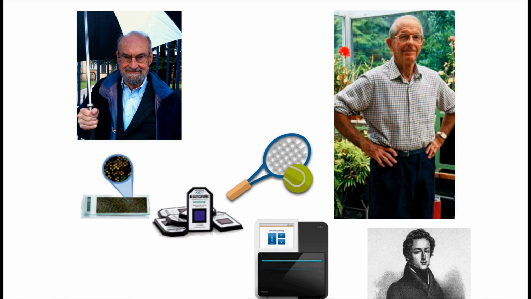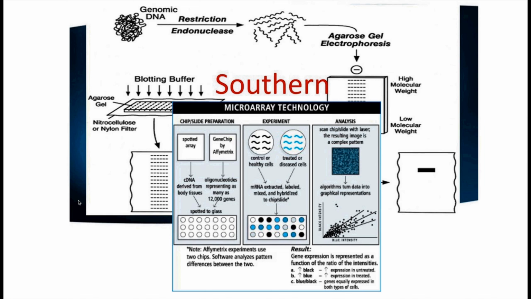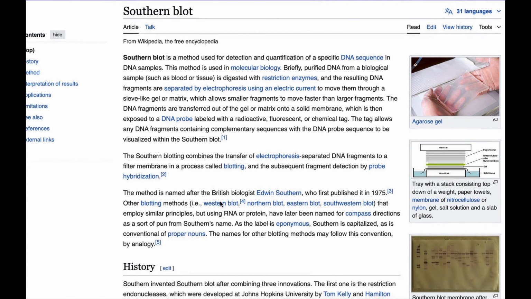Whenever I ask students who are those chaps, they usually say, I don't know. The guy on the left is Fred Southern, and on the right is Frederick Sanger. Southern invented Southern hybridization, which was a pretty messy method of transferring DNA to the membrane and developing an image by hybridization with labeled oligos.